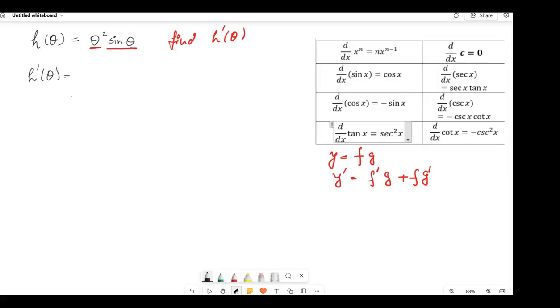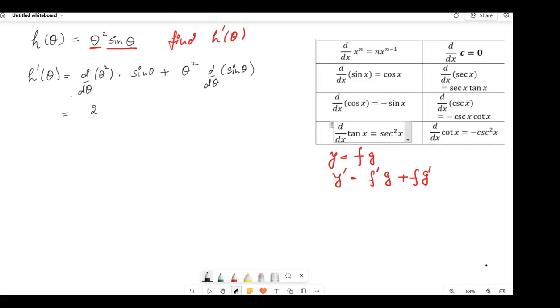h derivative is the derivative of the first function times the second function as is, plus theta square times the derivative of the second function.